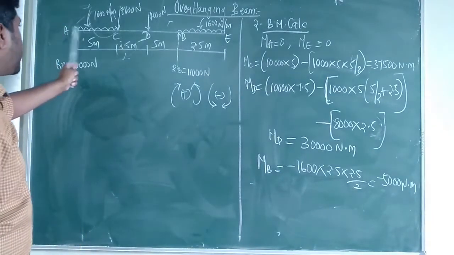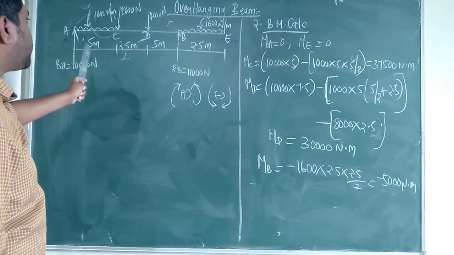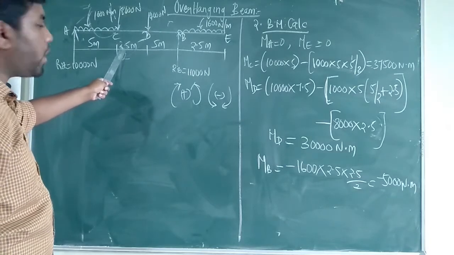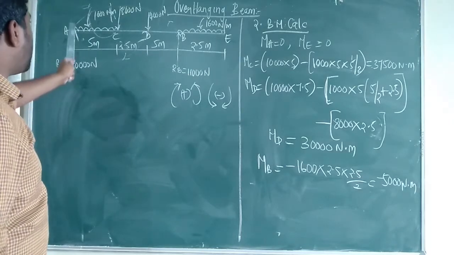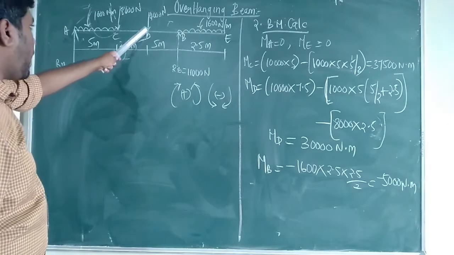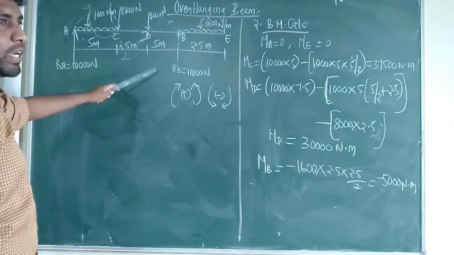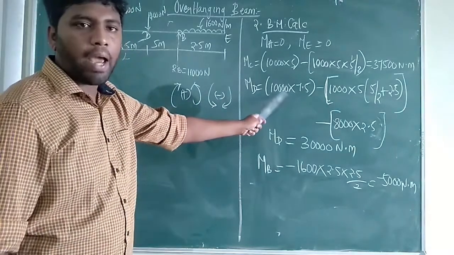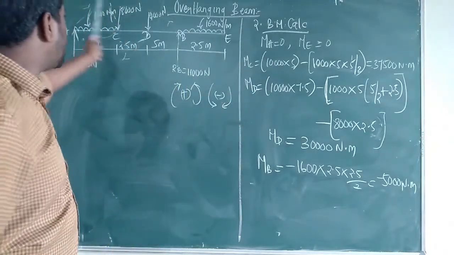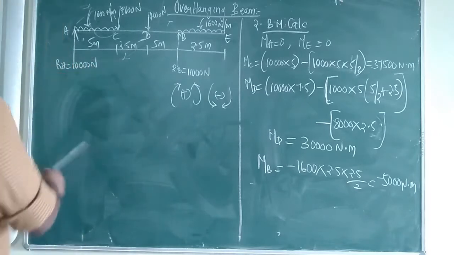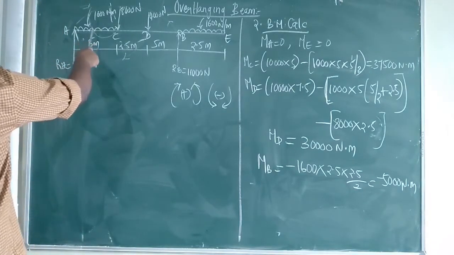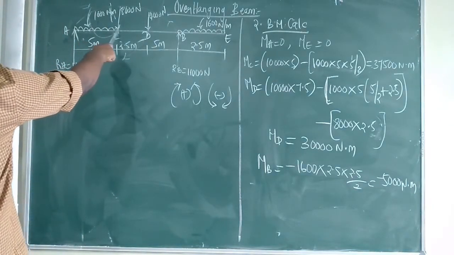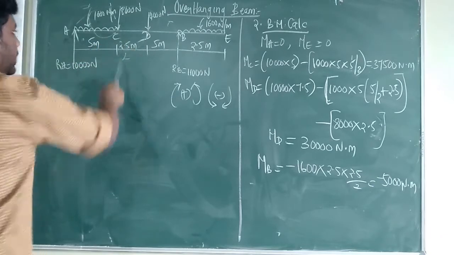So now do the calculation again. From here to here, what is the distance? 5 plus 2.5 is 7.5 meter. So it is in an upward direction till point D. So the vertical load 10,000 into the whole distance 7.5. Minus, because it is in downward direction, this UDL, minus 1000 into distance by 2. After that, a small portion of distance is there.